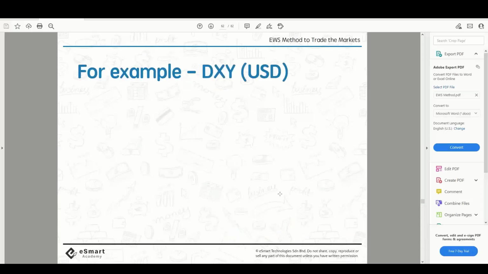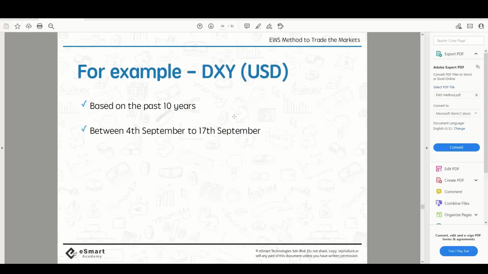Let me give you an example. If today we apply this in the currency market, of course, it's the same principle. Let's say we look at the dollar itself, and historically, based on the past 10 years, of course, we can go 5 years, 10 years, 15 years, 20 years, but from a trading perspective, I think 10 years is more than enough. For example, this date is already past, but I just want to show you what seasonality is.